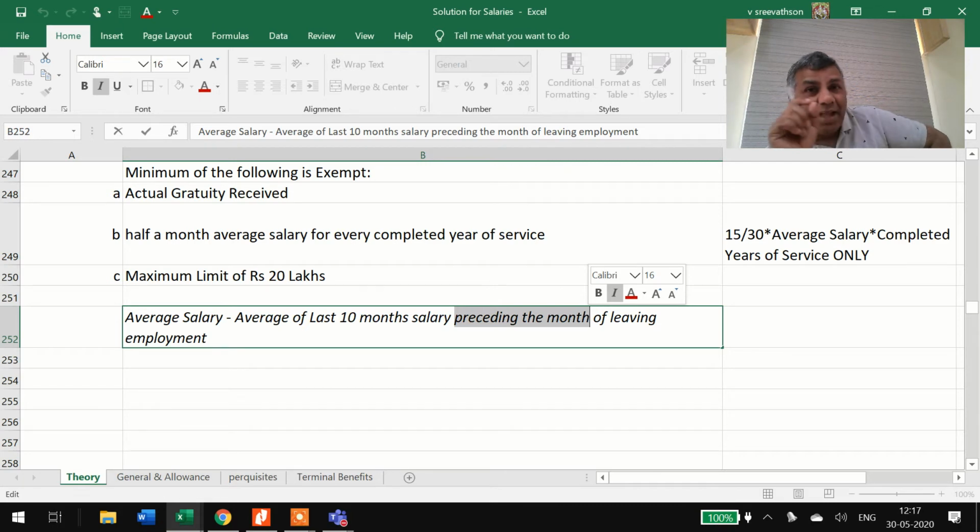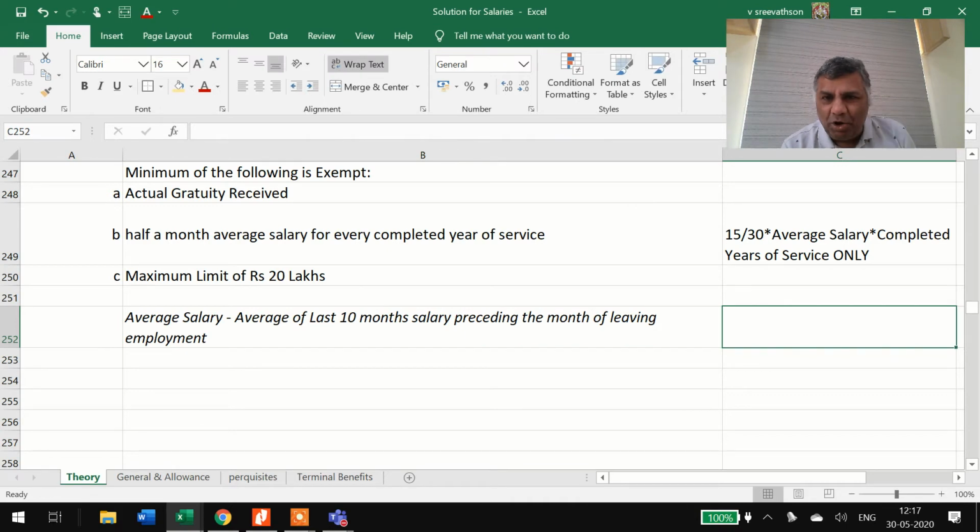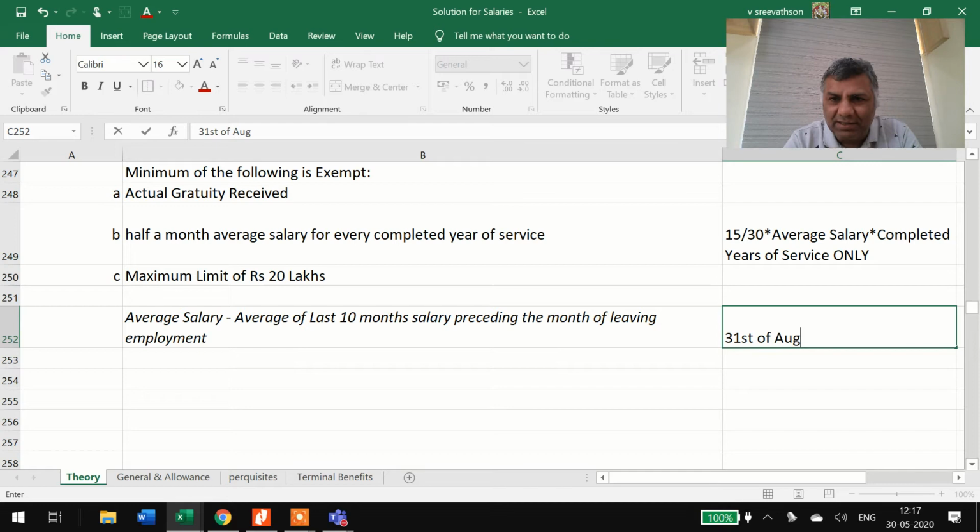Having said this, suppose a person leaves on 31st of August, I will take 31st August also. I will take August also. If he leaves in between a month, I will leave that month and calculate back. If he leaves on the last day of the month, I will take that month also.